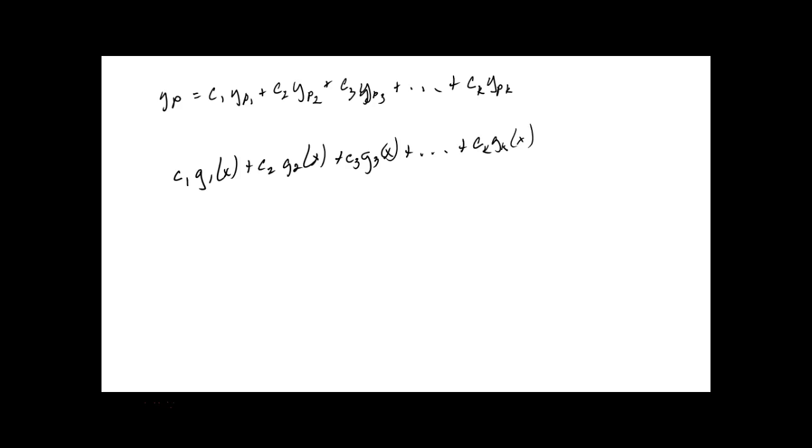It's saying if the right-hand side of the equation, the non-homogeneous part, was some g that you knew the particular solution to, and another g you knew the particular solution to, but these have constants in front of them, you put the same constants in front of those particular solutions. These are not arbitrary constants. These are the same constants that were in front of the g's here. And these are the particular solutions for those particular g's.